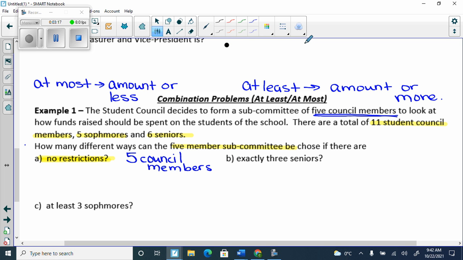Does the committee have jobs? No. So it's a combination, C. If it had jobs, it's a P. This question can be asked as a P as well if I gave the 5 people different jobs, right? So I know it's going to be C5 because I'm choosing 5. And it's a combination from how many? 11 because there's no restrictions. What's 11C5?